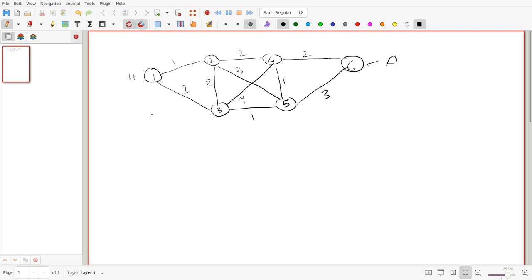Now, obviously, the brute force approach is to find all possible routes from 1 to 6 and sum up the amount of time it takes to get from 1 to 6 in each route and find the route with the minimum time. But what we are looking for is an algorithm, a strategy that would work for any number of nodes and any kinds of connections between them.